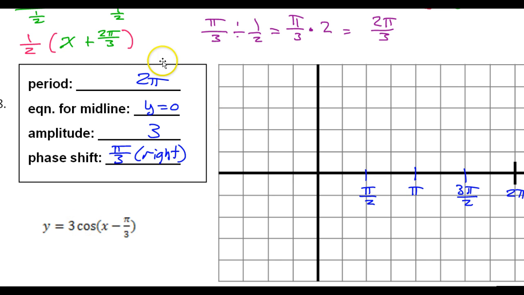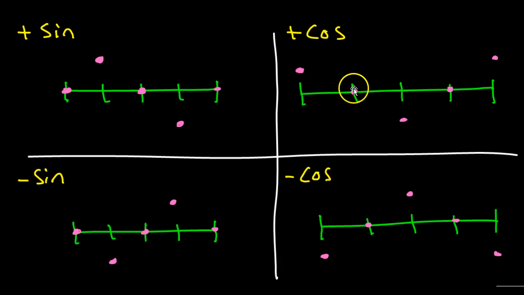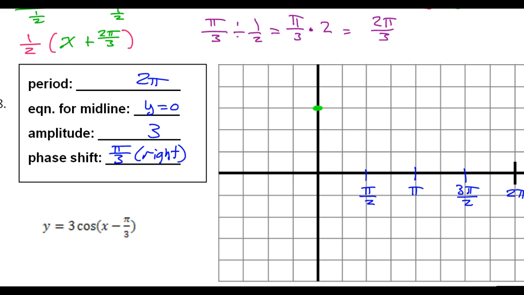So this is positive, so cosine will start off, in this case, 3 above the midline. So cosine is going to start off right here. Then it goes to the midline, below, back to the midline, above.